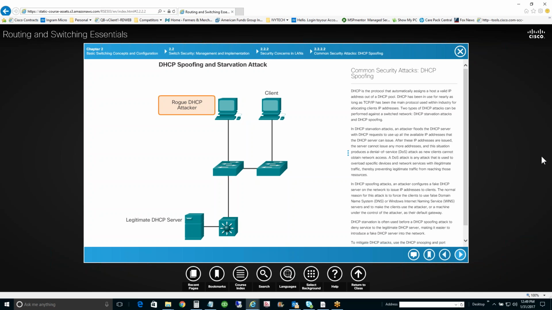The normal reason for this attack is to force the clients to use false Domain Name System or Windows Internet Name Service servers, to make the clients use the attacker or a machine under the control of the attacker as their default gateway. So it's basically a way that a hacker can force traffic to get redirected to where they want it to get redirected to.